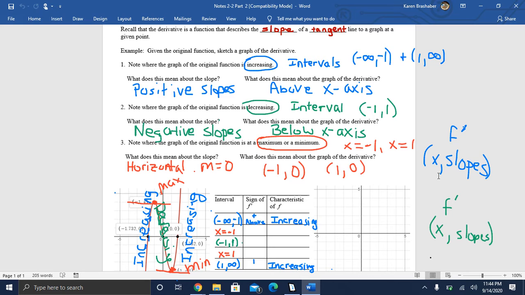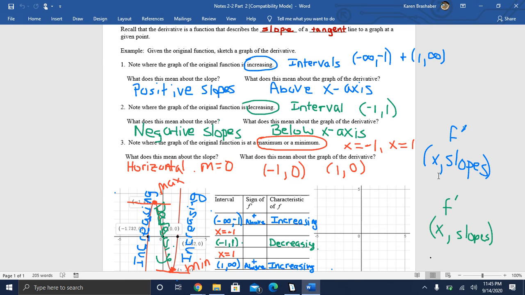So whenever we had an increasing function, the graph will graph above the x-axis. And then I like to do the intervals first and then go back and pick up the maxes and mins. So we had our interval from -1 to 1. We noticed that our original function was decreasing.